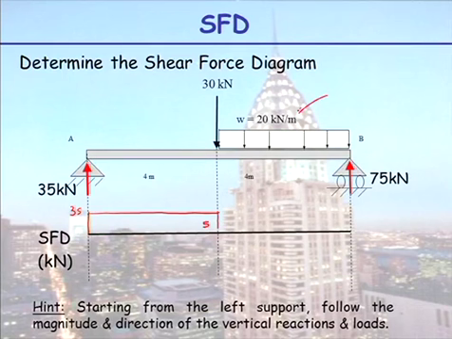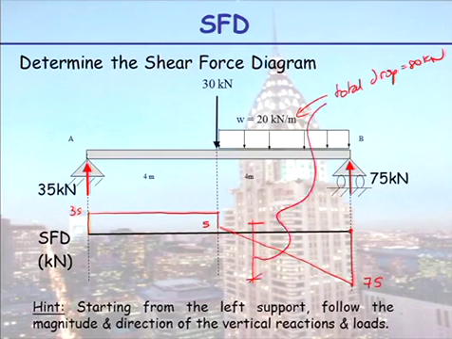So the total drop here is 80. So therefore I'm going to go from a value of 5 down to a value of 75, which happens to be equal to what my reaction is equal to, so I'm happy. So that drop in there is equal to 80.